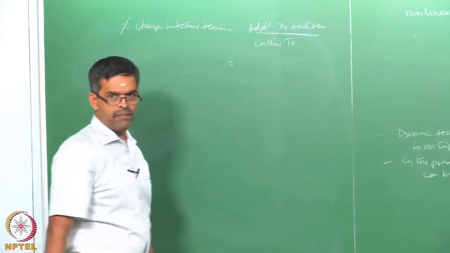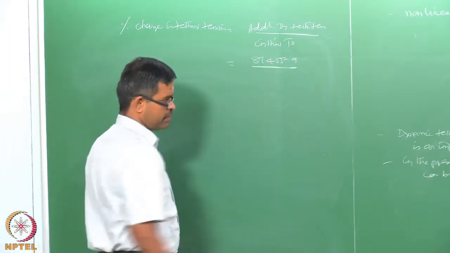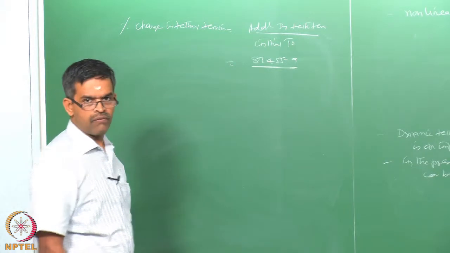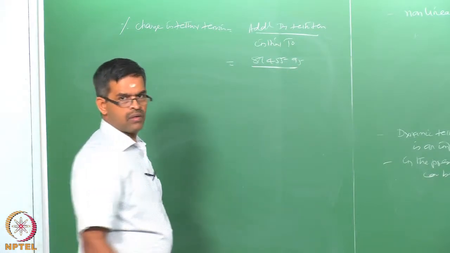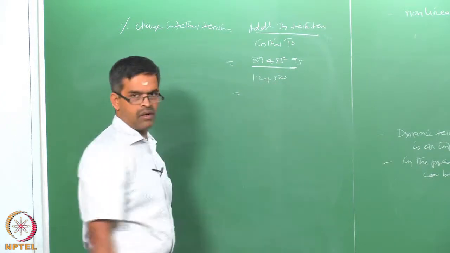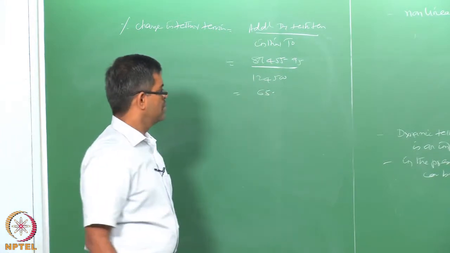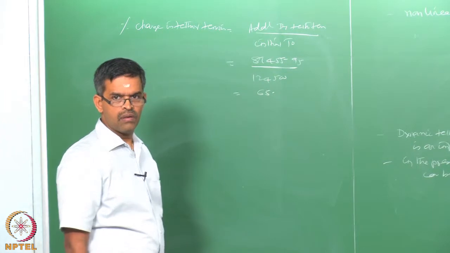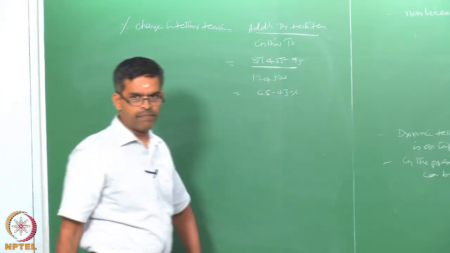So, that is going to be 81455.995, let us say, divided by 124,500, that is the initial T naught, which amounts to 65.43%.